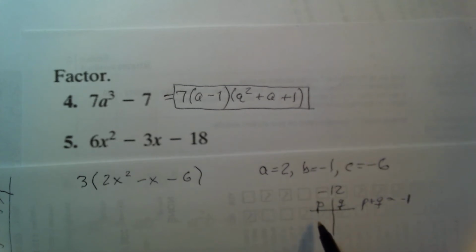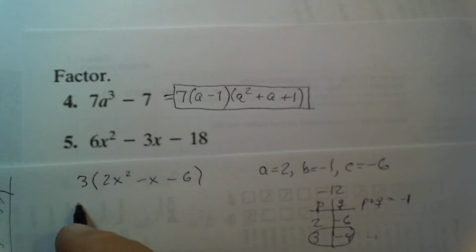Well, minus 12 could be factored into 2 times negative 6, or 3 times negative 4, and I think that might work because 3 times minus 4 is minus 12, and 3 minus 4 is minus 1. So there would be the integers p and q to rewrite the middle term.